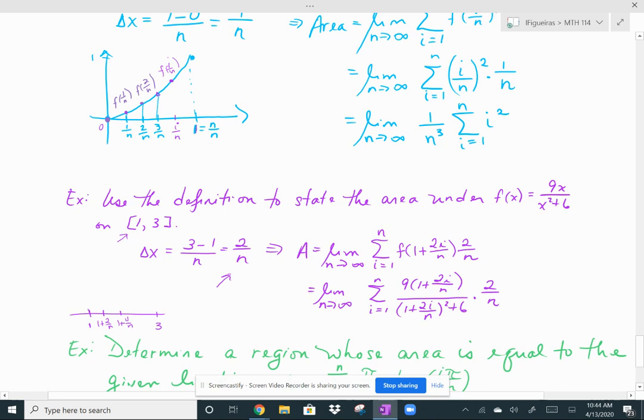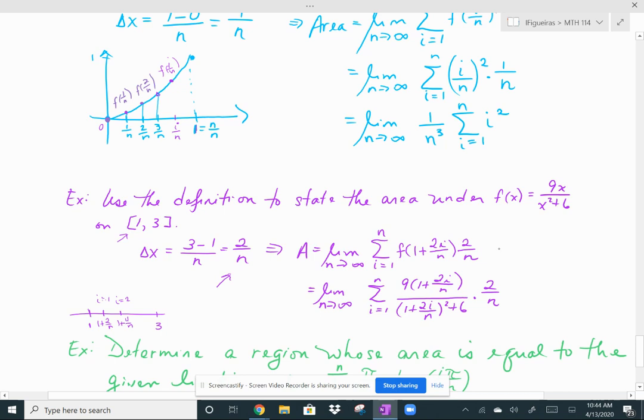So the way you express that is that the input is going to be 1 plus 2i over n times your width, which is right here. This is your delta x. So the i represents whether you are at, this is when i is equal to 1, this is when i is equal to 2, 1 plus 6 over n would be when i is equal to 3. So by expressing it like this, you are expressing it in general for any ith term.